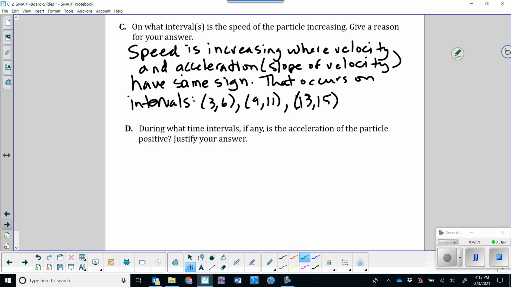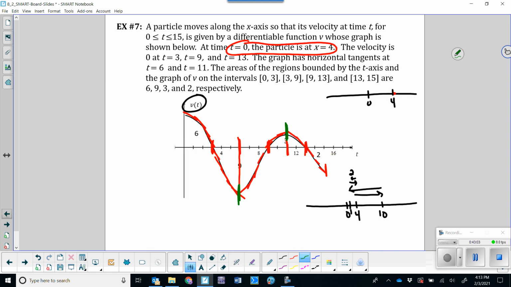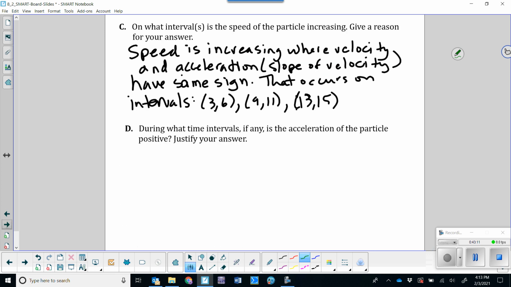So we would say that it would be positive from, oh, not 9, I think I said 9 because of that number there, that's 6, right? This is 6. So from 6 to 11, sorry, I was looking at the numbers written for the areas.